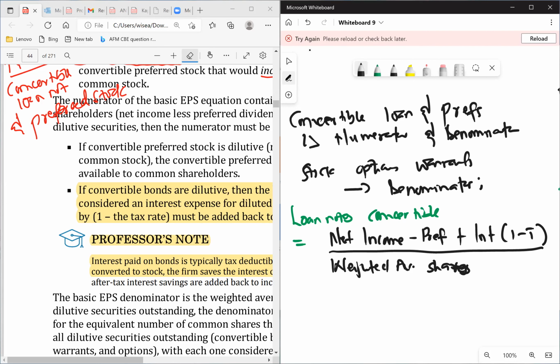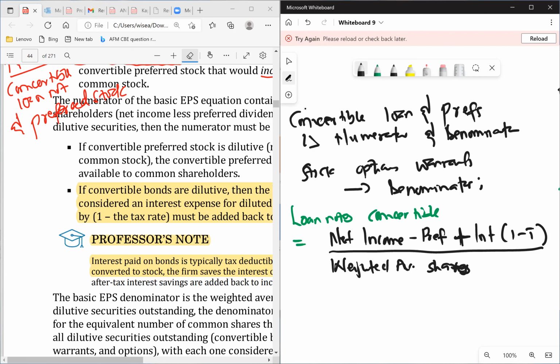The reason we add back the after-tax interest is that once the loan notes are converted into shares, the post-tax interest cost of these bonds will be a savings to the common stockholders, and therefore the numerator is expected to increase. Are we okay?